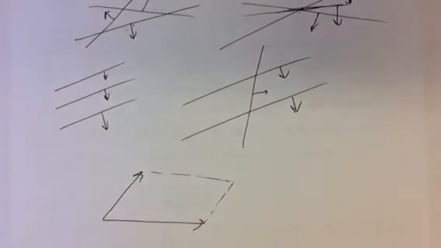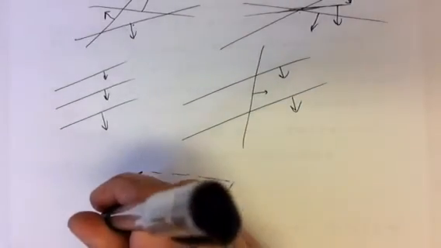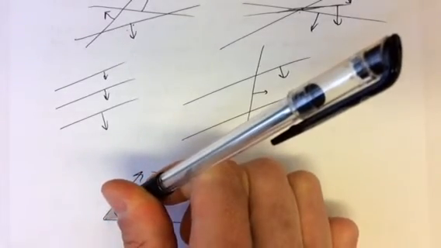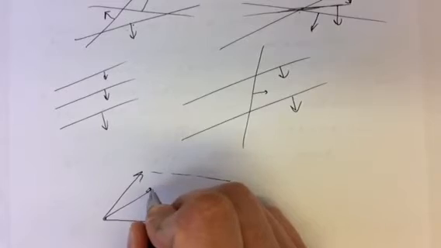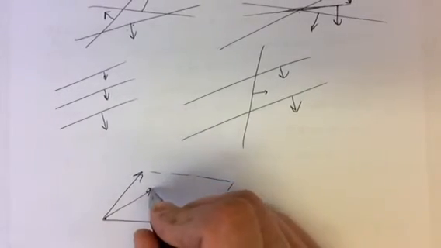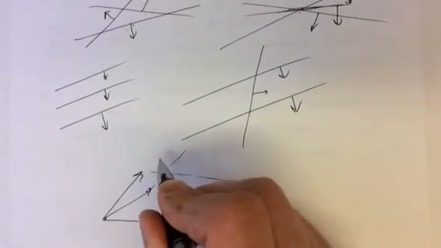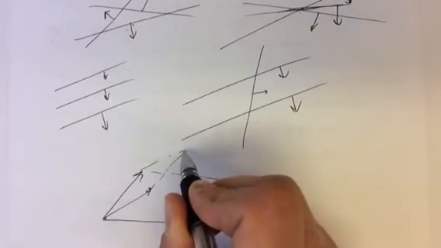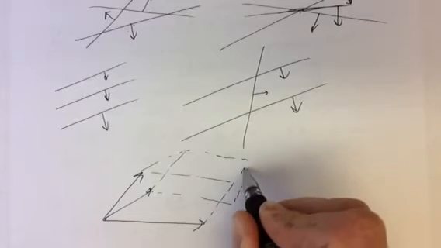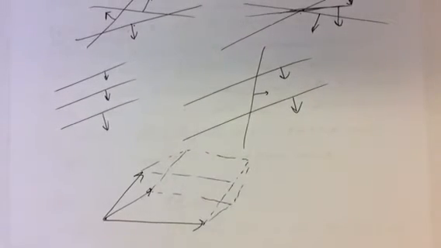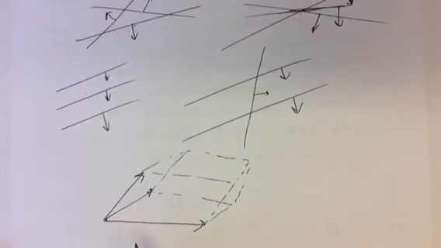And then take a third one, and it comes out of the page kind of like that on an angle. You could use that to then form a parallelepiped. And it looks something like that.